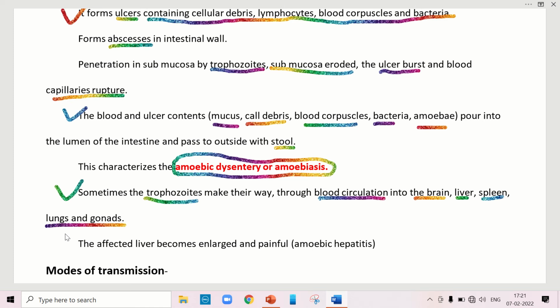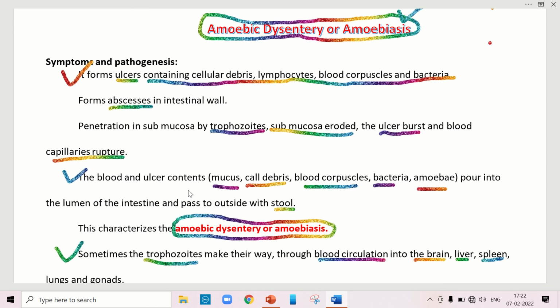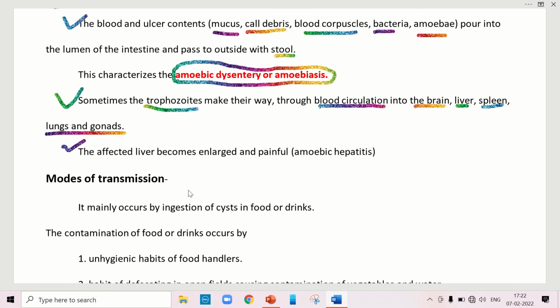They also destroy the tissues and cause formation of abscess or cavities containing pus. The affected liver becomes enlarged, congested and painful to touch, and this pathological condition is referred to as Amoebic hepatitis. So these are the symptoms and pathogenesis of Amoebic dysentery or Amoebiasis.